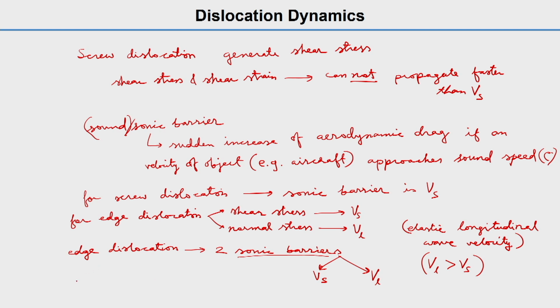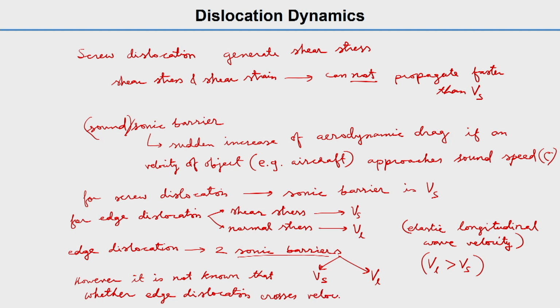However, it is not known whether an edge dislocation crosses a velocity higher than Vs. That is not well established, but still it is believed to have two sonic barriers.